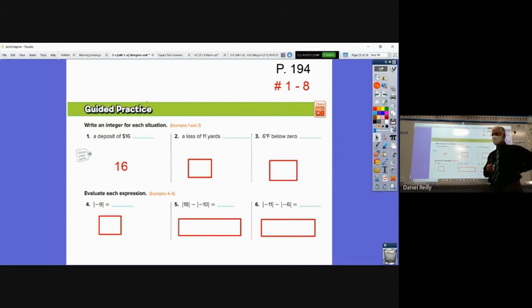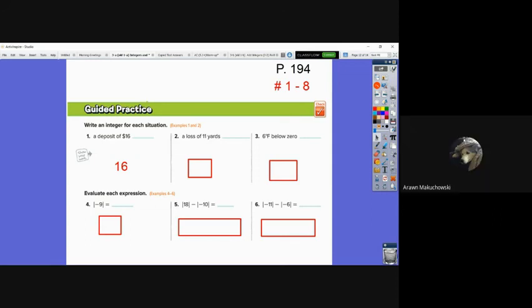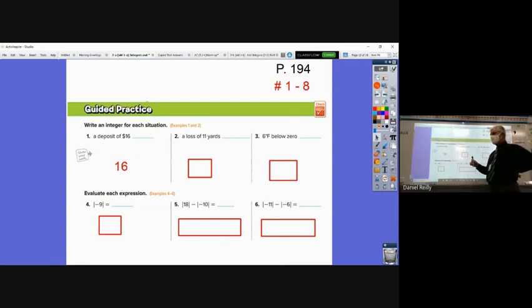Who doesn't have their hand raised there, Olivia? Miles? Ron doesn't, and Aiden doesn't have his hand raised. And of course it is negative because a loss is negative, so negative 11.